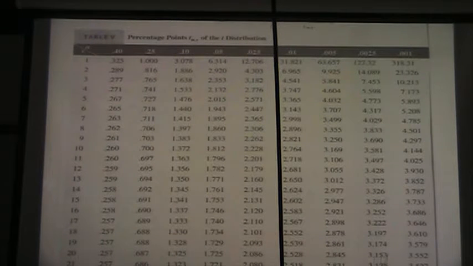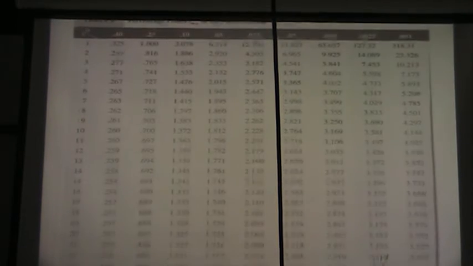Then I take my other piece of paper and I put it down on the 24 row. And you're saying to yourself, wait a minute, I can't see 24. All right, here.